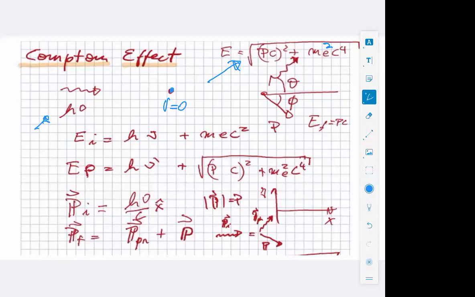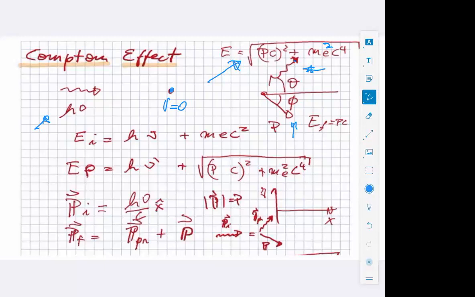So we have this electromagnetic radiation particle that has an energy h nu that is going to collide with the electron, and at the end I will have two things. I will have one photon and an electron going somewhere.